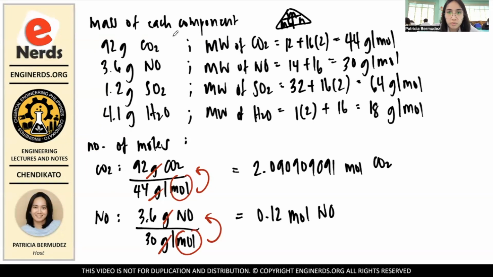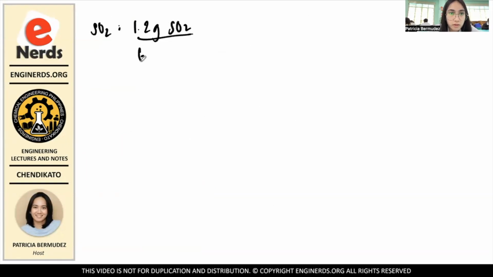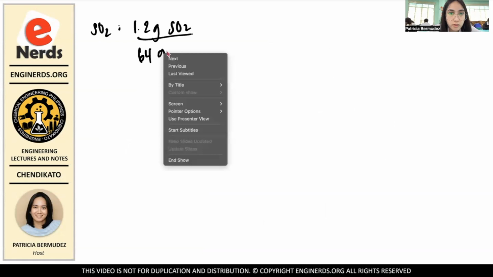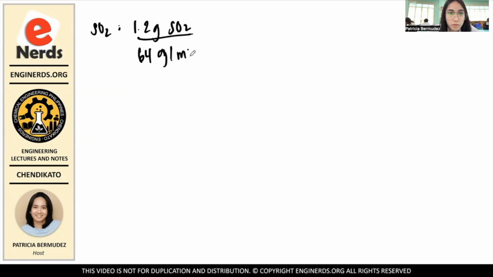The weight of sulfur dioxide is 1.2 grams of sulfur dioxide divided by the molar weight, which is 64 grams per mole. And again, the units of grams cancel and the mole is left.